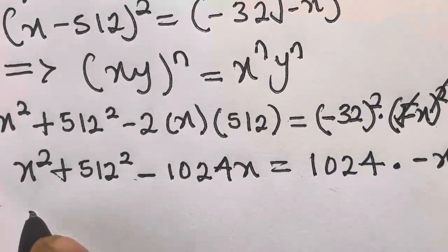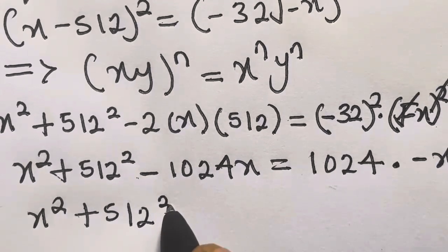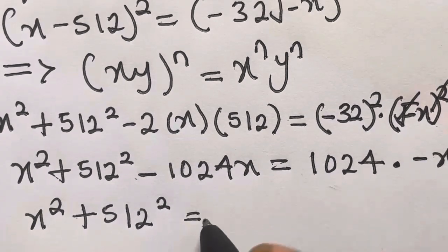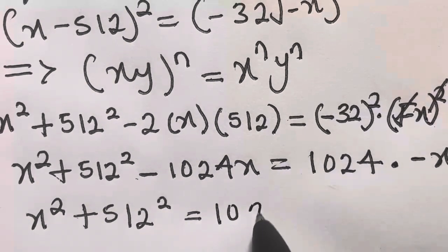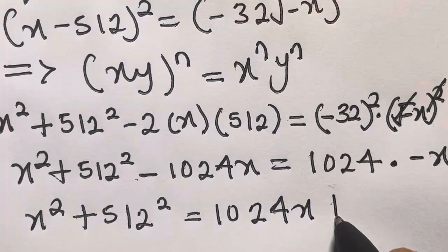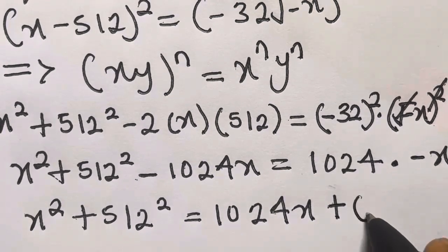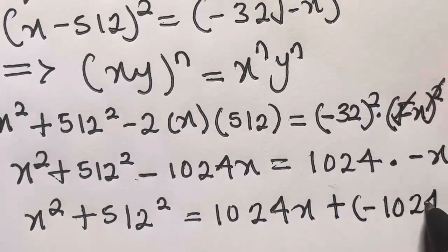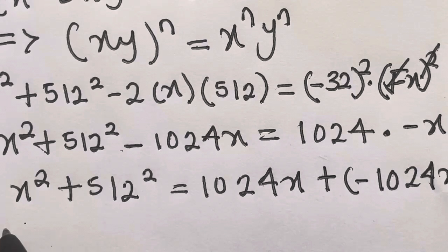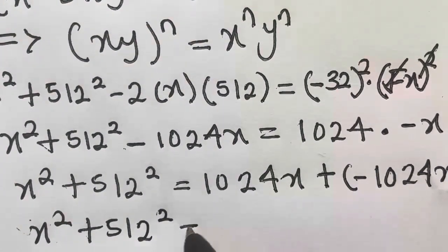So now we have x squared plus 512 squared equals, we want to transfer this to the other side. So we have 1024x plus, this will be minus 1024x, right?